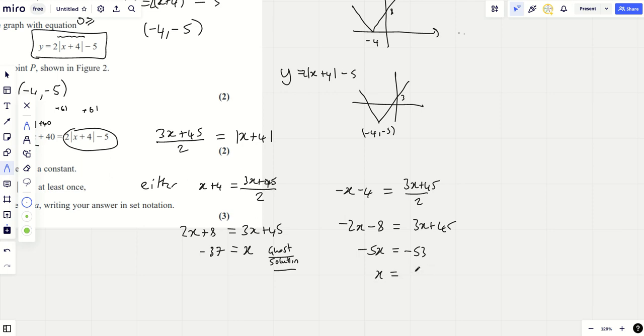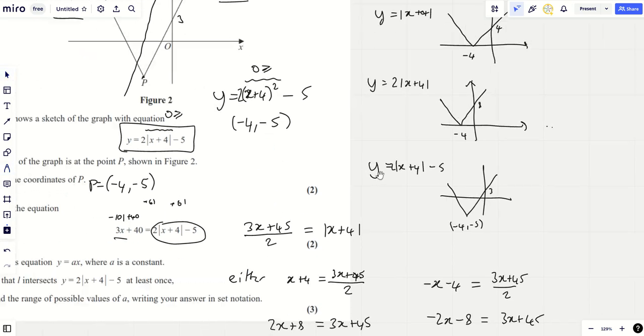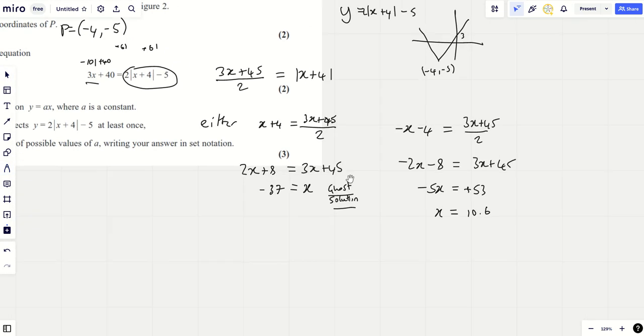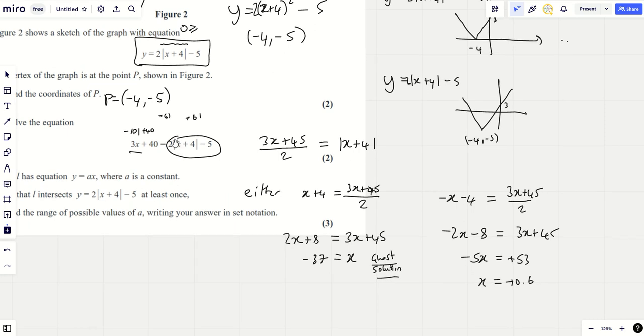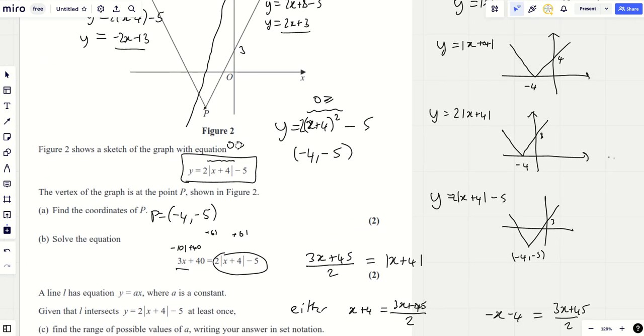And so by the look of it, x is like 10.6. Now, have I got the signs all right there? Positive 53 on that side, 10.6. I was thinking my answer doesn't make sense because it was definitely happening on the negative side somewhere. So it's going to be minus 10.6. Let's get that right. I might want to check that answer afterwards to make sure I've got it right.